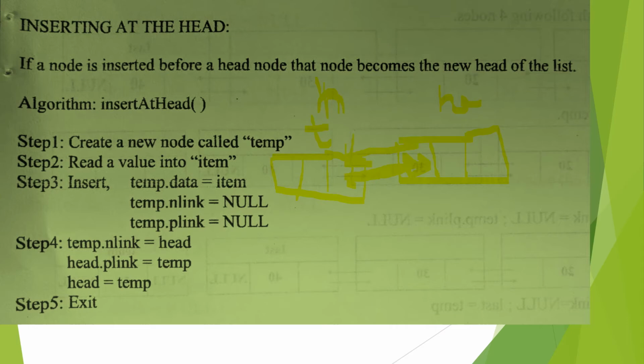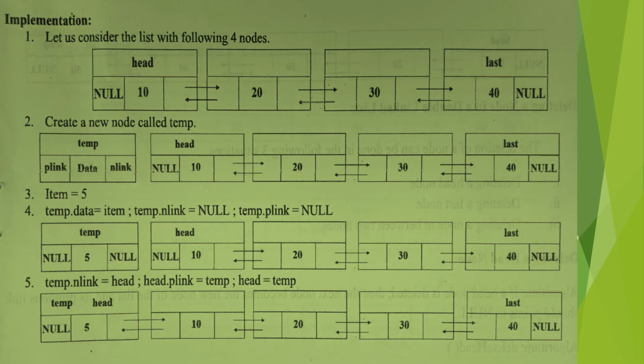Let us see this in diagrammatic representation. Consider the following 4 nodes in a double linked list: 10, 20, 30, 40. I want to insert an element at the beginning. Here the element I want to insert is 5. So I am creating a new node temp.